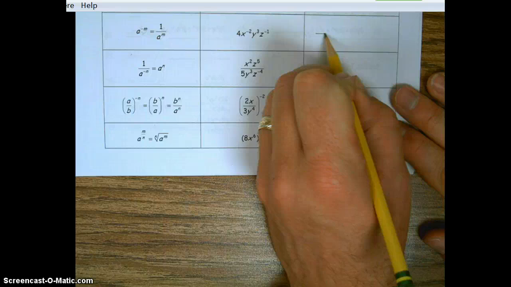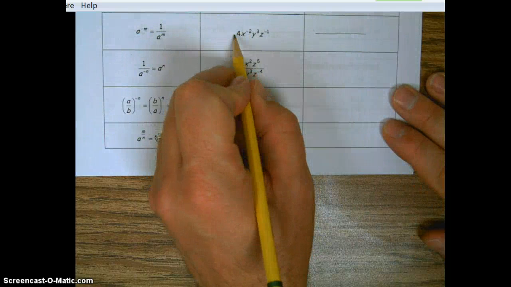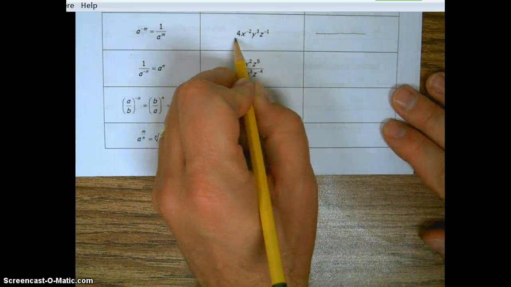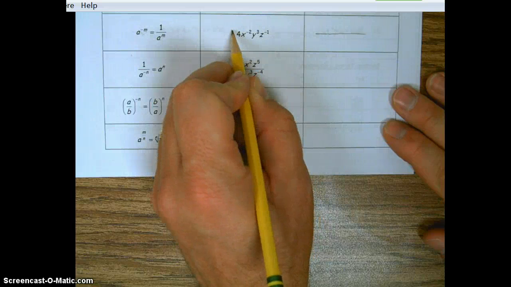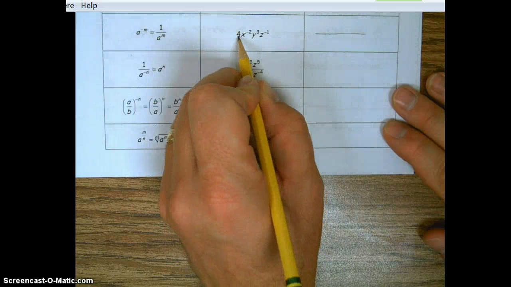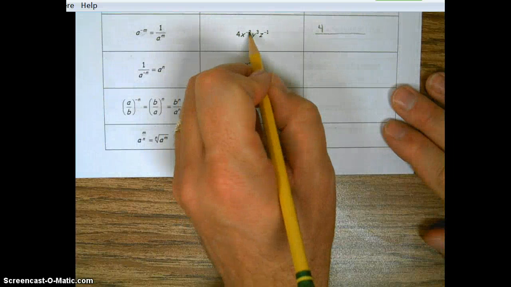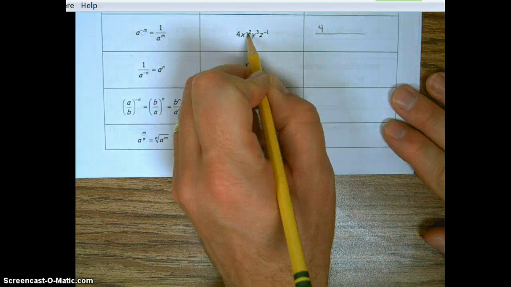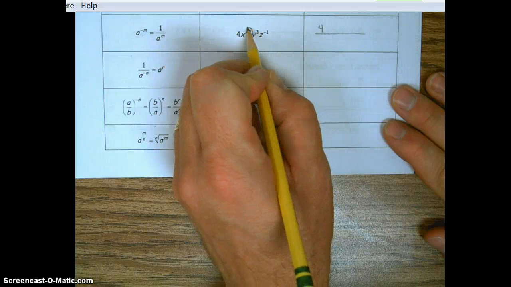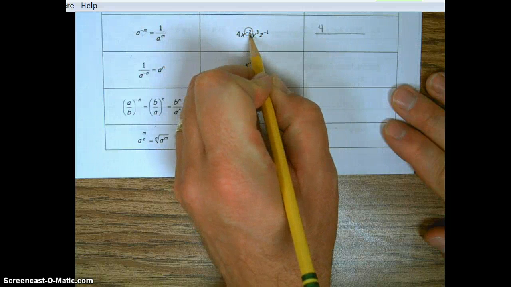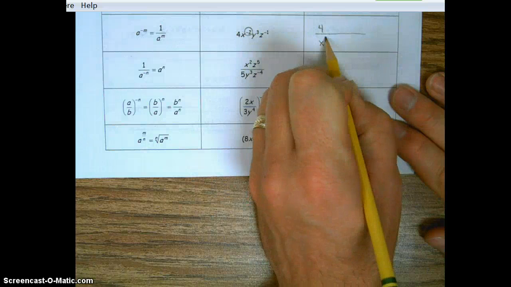So remember, all of these numbers, all of these bases, all of these terms are all in the numerator right now, okay? So 4 is in the numerator, stays in the numerator. X to the negative second is in the numerator. We want to never have a negative exponent if possible. So we're going to move it to the denominator.